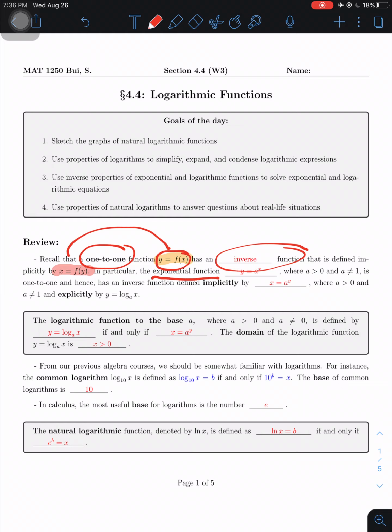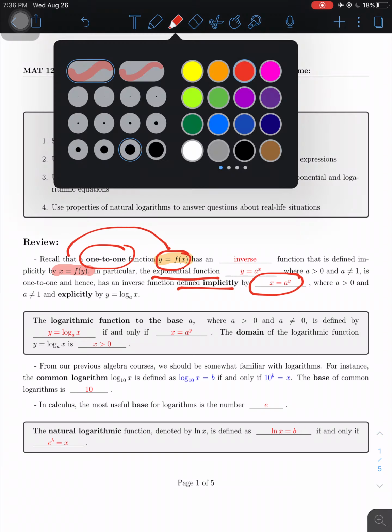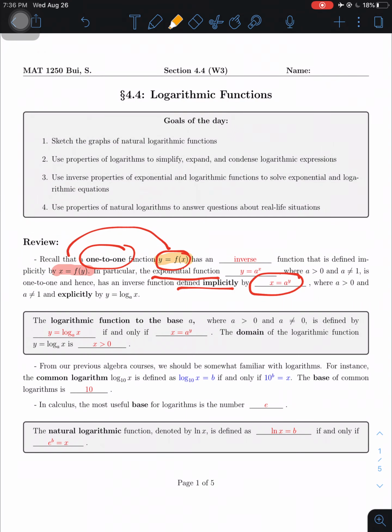The first way, we define it implicitly by writing x equals a to the y power. Let me highlight this one. This one is our original function, and x equals a to the y power is our inverse function, okay?